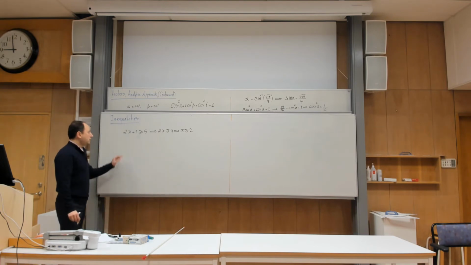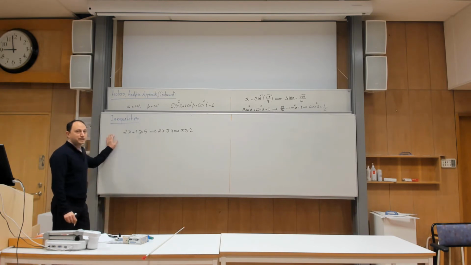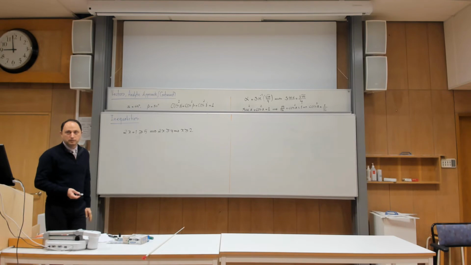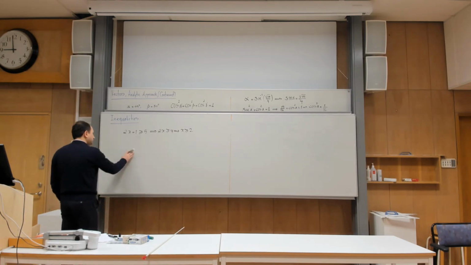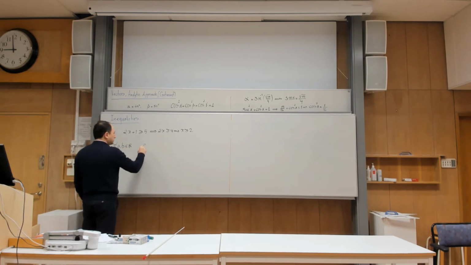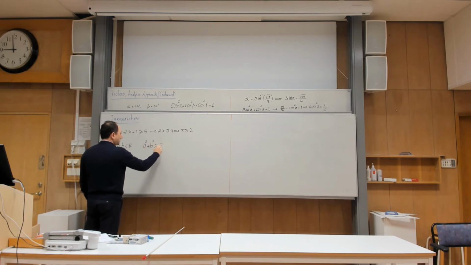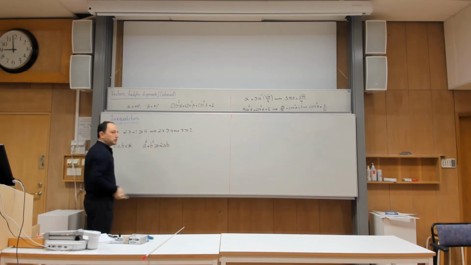But sometimes I'm not asking you to solve it, I'm asking you to prove a particular inequality holds whatever you choose for the variables. This is one of those things we want to talk about today. For example, I can ask you to show that for every real number a and b, for all a and b in the set of real numbers, why do you expect that a squared plus b squared is greater than or equal to 2ab.